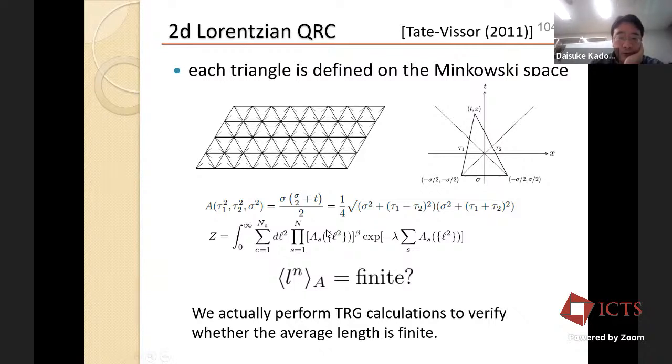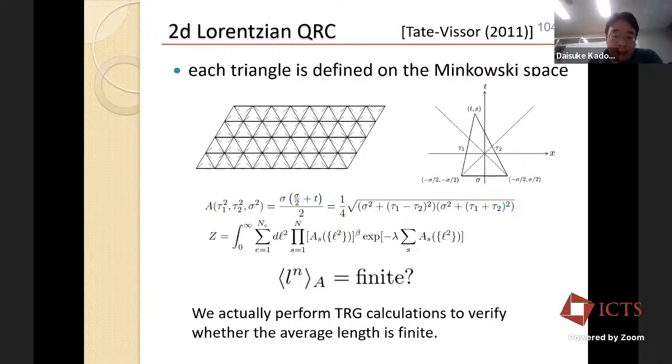So we use the local measure, and this beta is a parameter that defines the measure. And actually here is i in Lorentzian signature, but we can use this partition function after the analytic continuation of the edge length. So we used this partition function for numerical calculations.